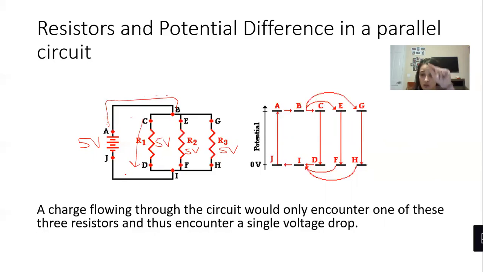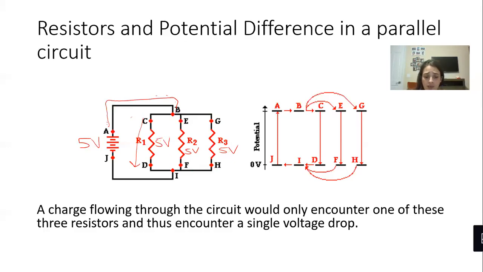Right? So there's just one loss of energy for that one charge. But then another charge comes through this second resistor, and it only experiences one drop. And then another charge goes through this resistor here, and that one will only experience that one voltage drop through that one resistor.